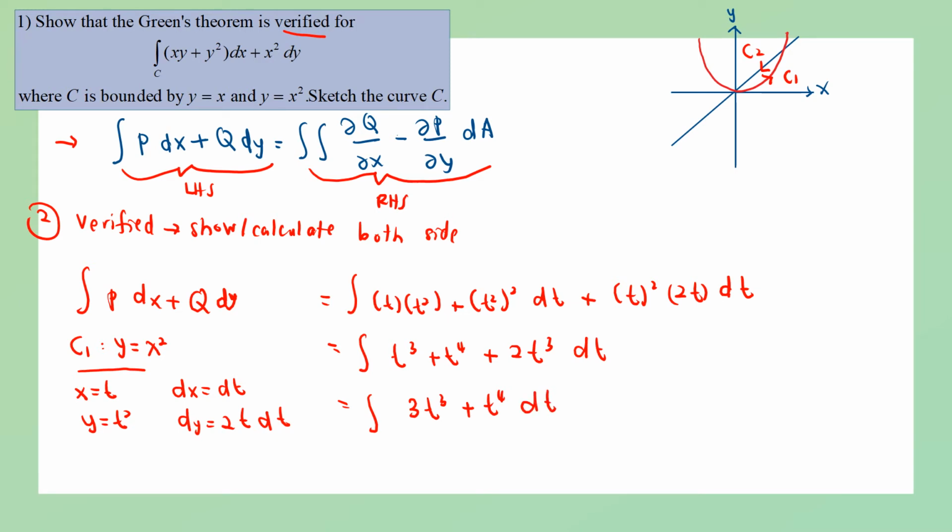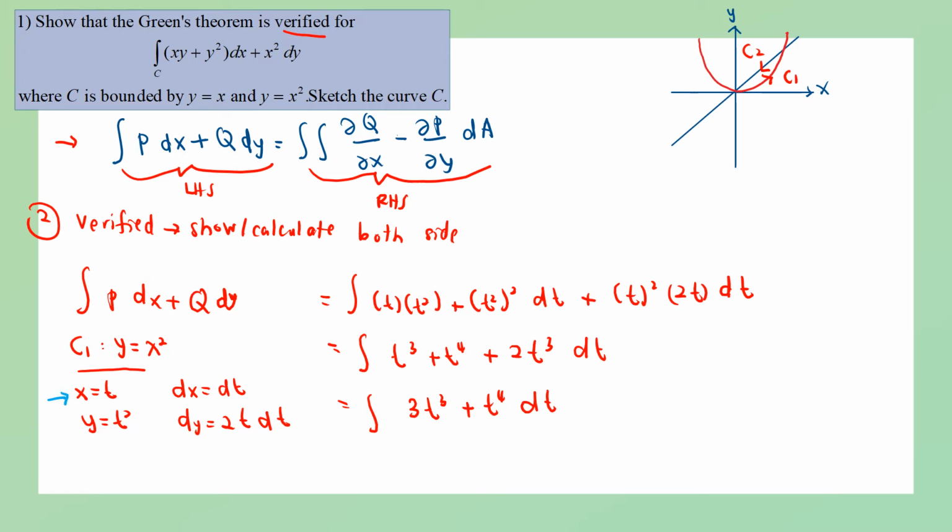Okay, next you need to determine the limit. So you can refer to the figure C1. Okay, remember what you have learned in line integral, how to determine the limit based on the question. Before this, you have parameterized the equation. You take x equal to t.